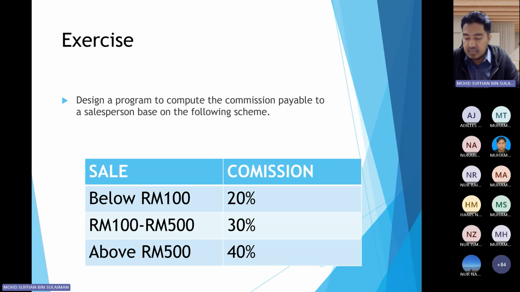Awak kena mahirkan, kena masukkan dalam kepala dulu. Bila dah mahir, dah pandai, barulah boleh guna ChatGPT untuk buat comparison. Otherwise, you will depend on the robot. Akan gantung pada robot saja kerja awak nanti.